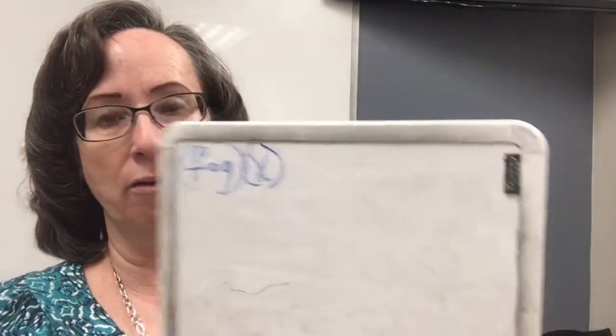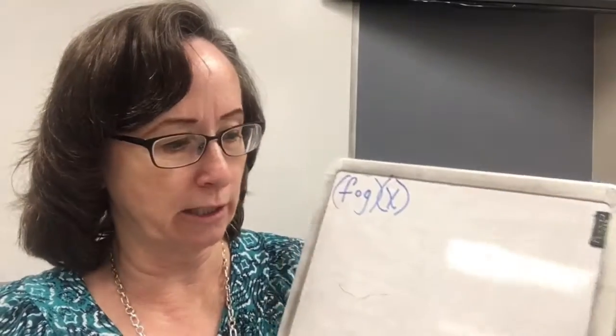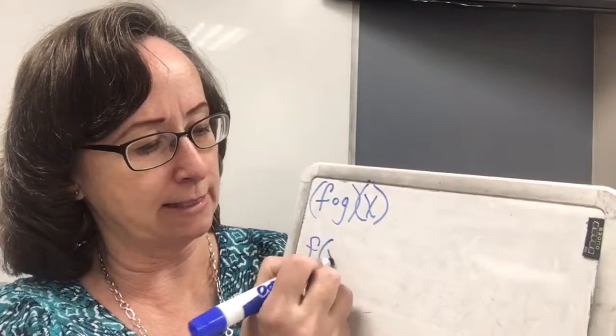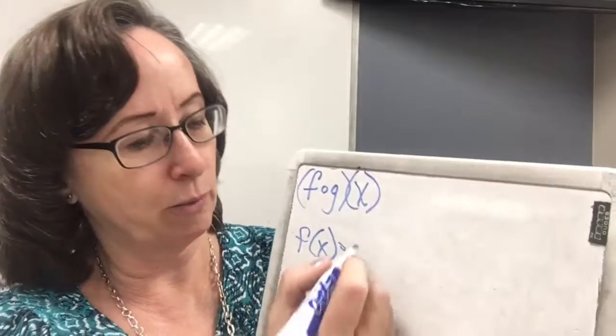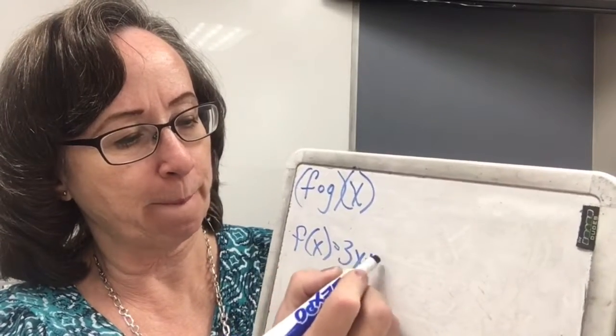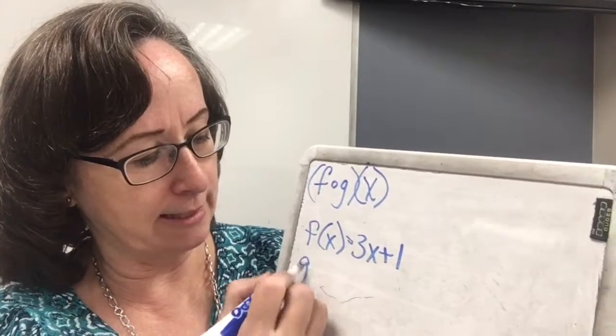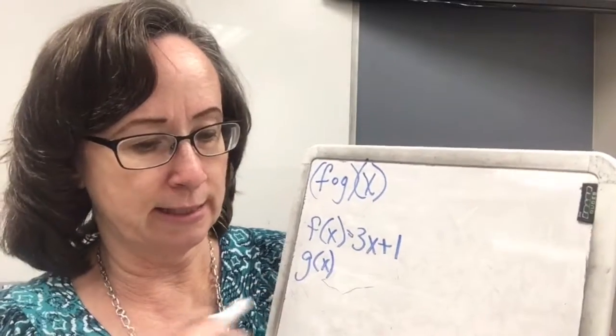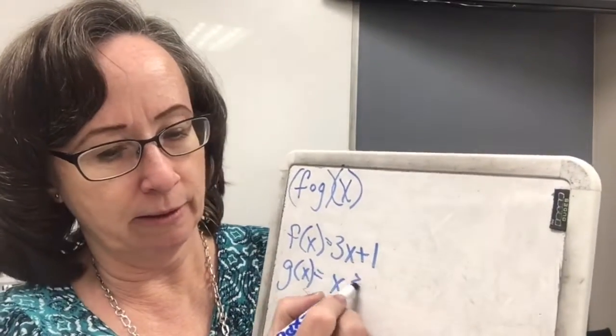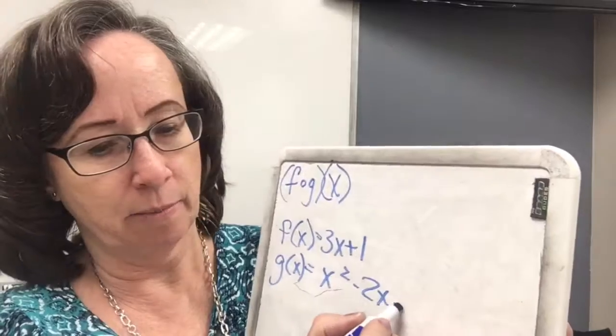Okay, so now I'm going to do the same thing, except I'm going to do f of g of x. So now I'm going to compose the function, and remember the f of x was 3x plus 1, and the g of x was x squared minus 2x minus 6.